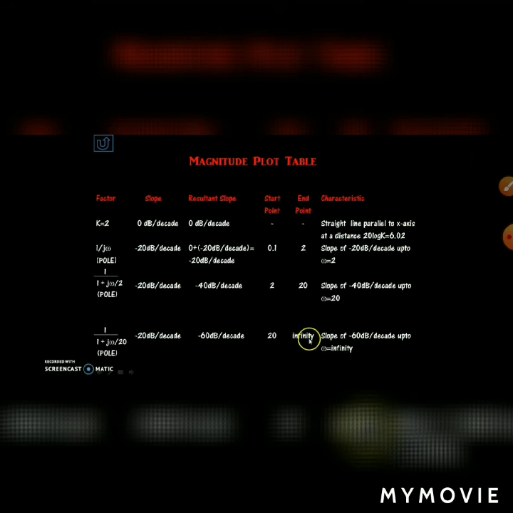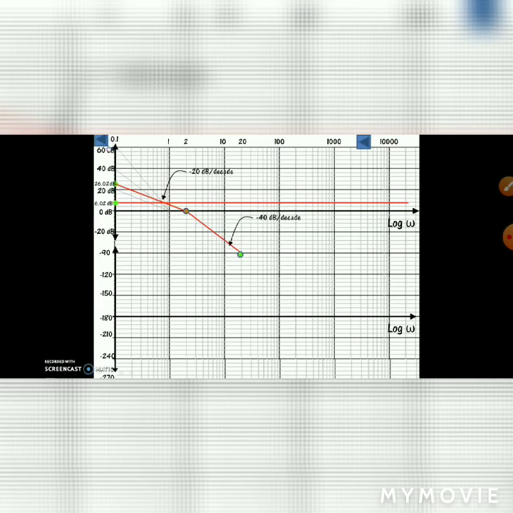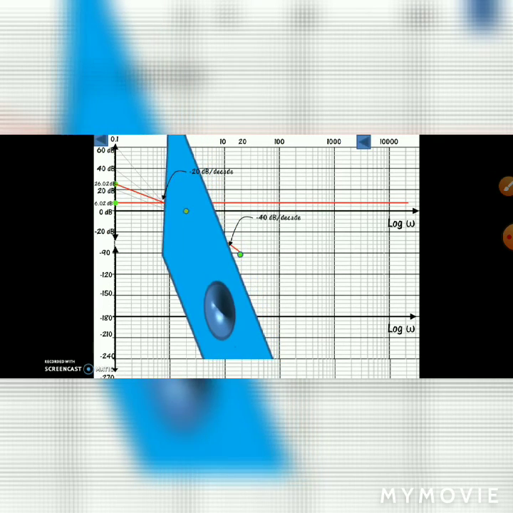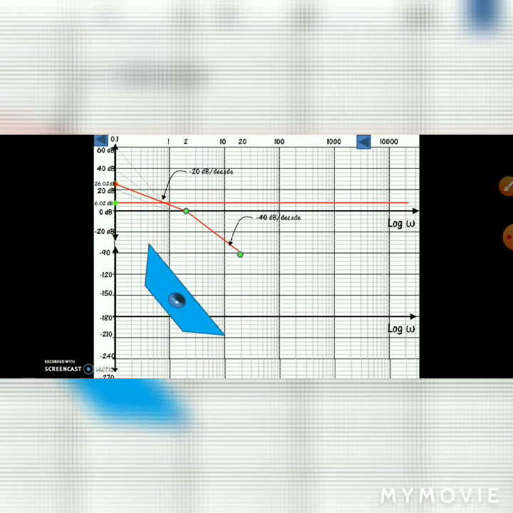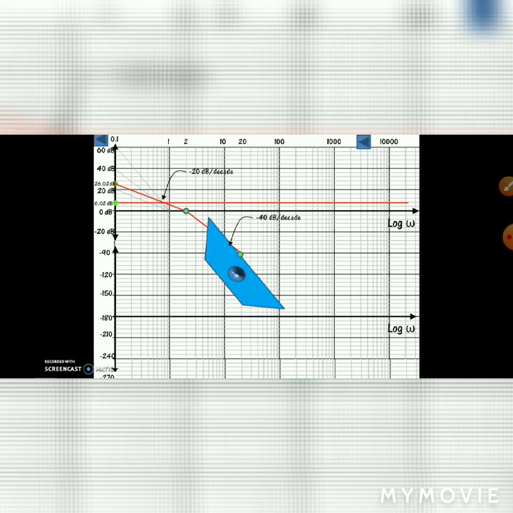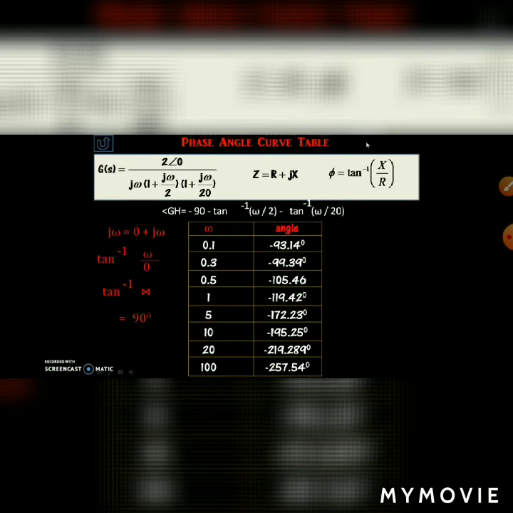So the starting point will be 20 and the end point will be infinity. So take the reference minus 60, then extend the line till that point. You should have the same parallel line as 60, so it will go till infinity. So draw a very small line.